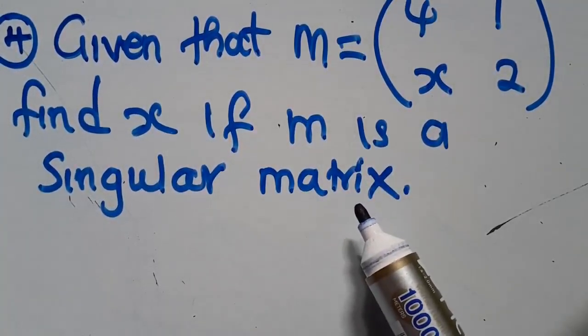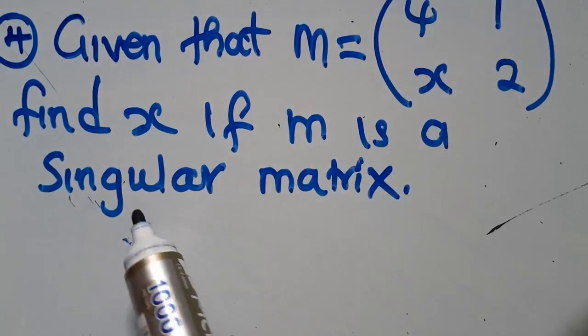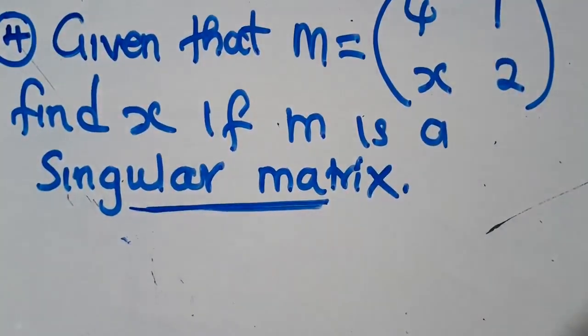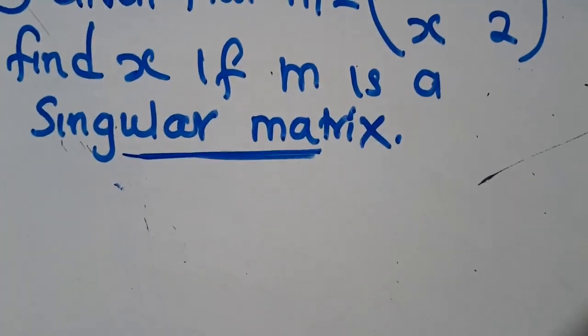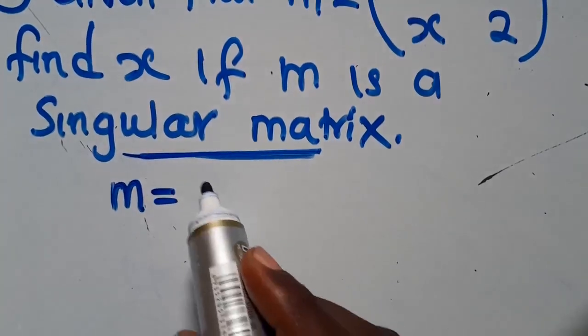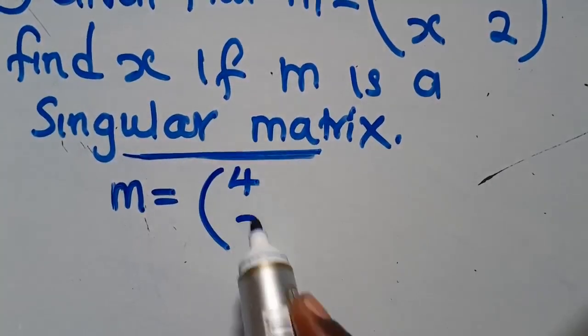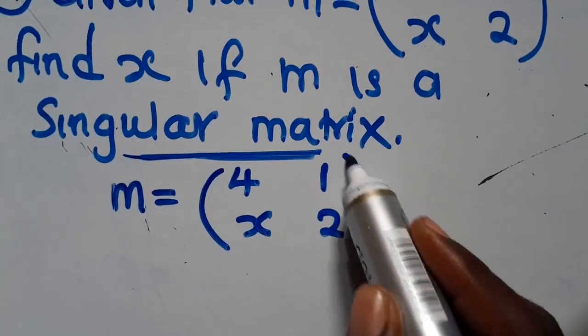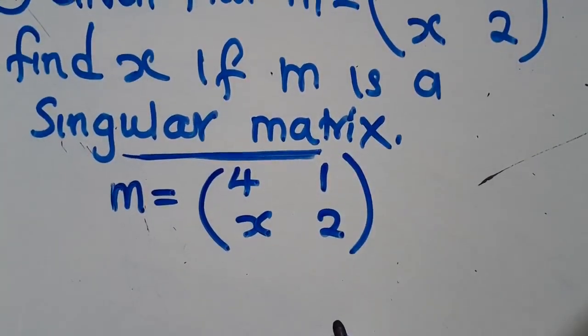What is the determinant of a singular matrix? This is the thing that should come to your mind. Because the matrix which you are given is M equal to 4, x, 1, 2, like this.